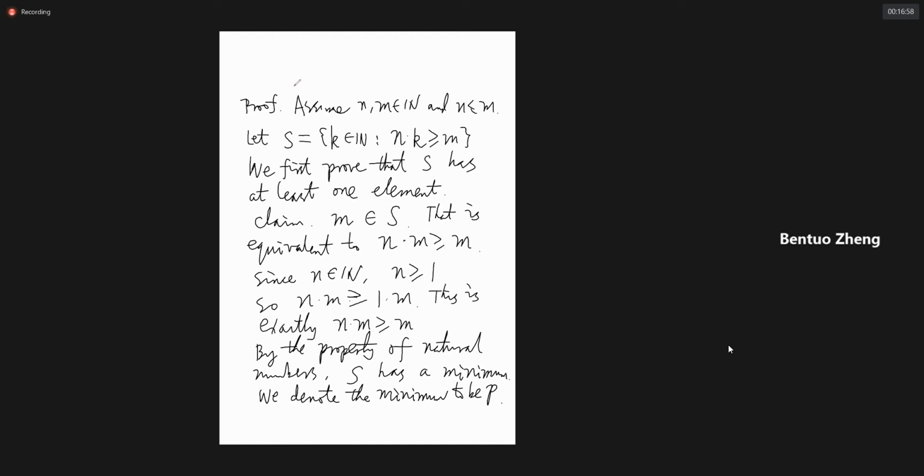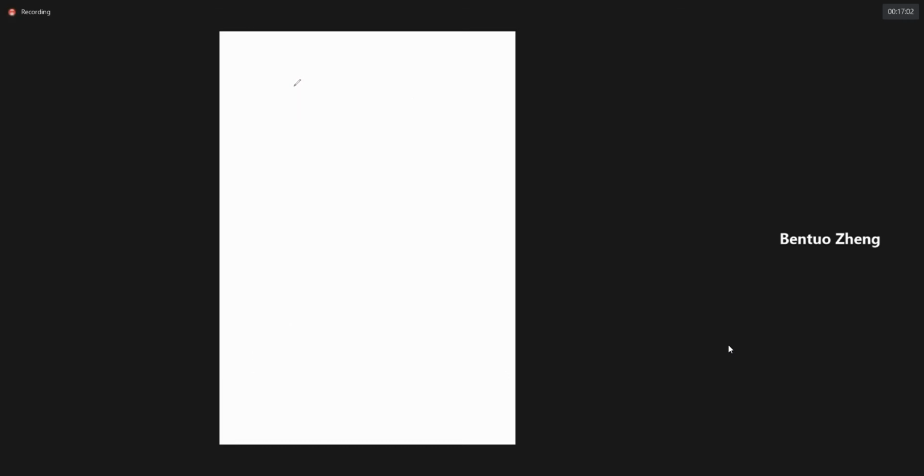Now let's look at the properties for this minimum P. Since P is the minimum of S, P satisfies two properties.